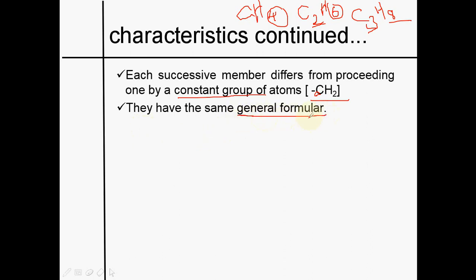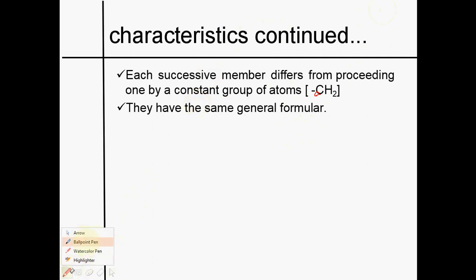For example, the general formula for alkanes is CnH2n plus 2. So this is the general formula for alkanes.